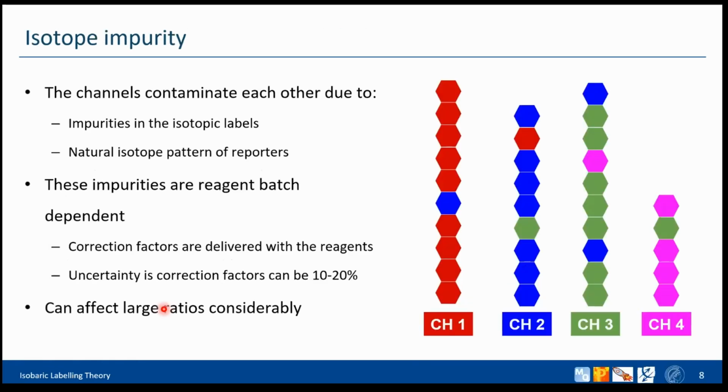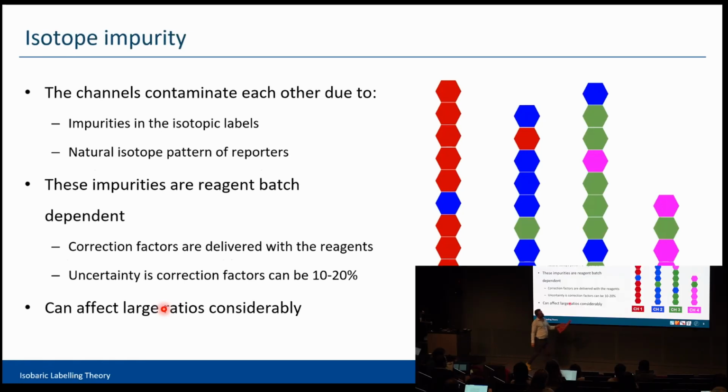Let's have a look at the isotope impurity. So I made this 4-channel representation. We have 4 channels, the reporter channels, and of course they have colors like always. But what can actually happen is that in channel 1 there is some contamination, right? Some of the tags from channel 2 end up here, and the other way around. And this can also happen in the other channels.